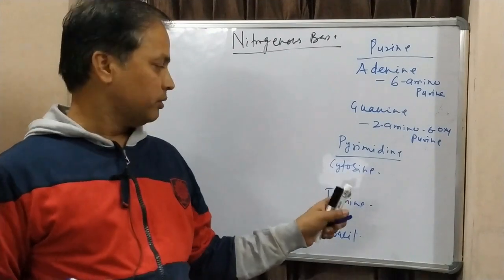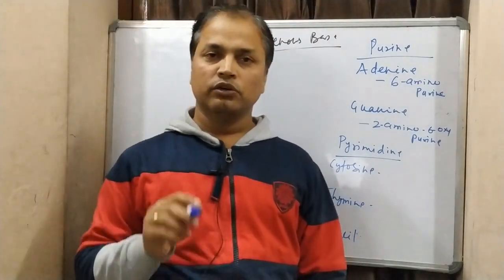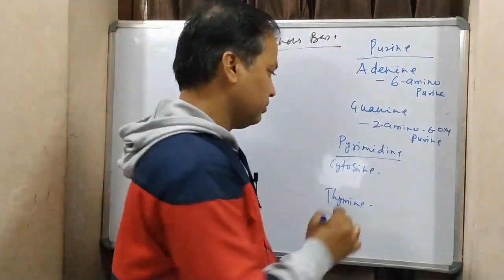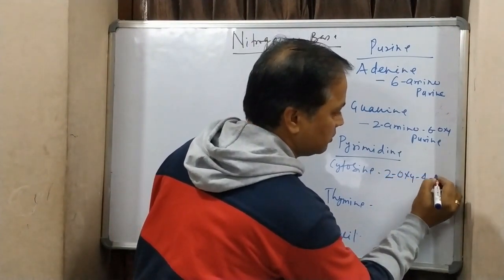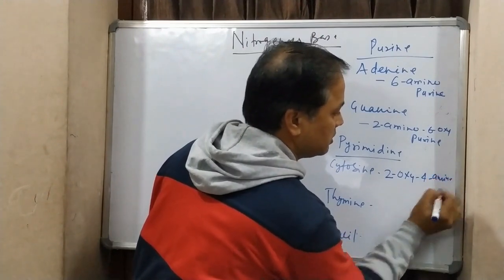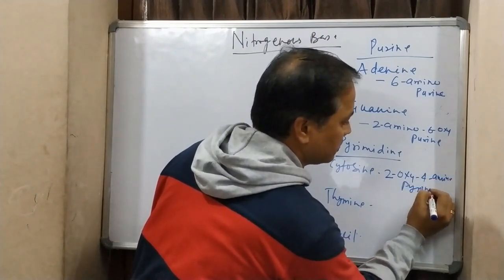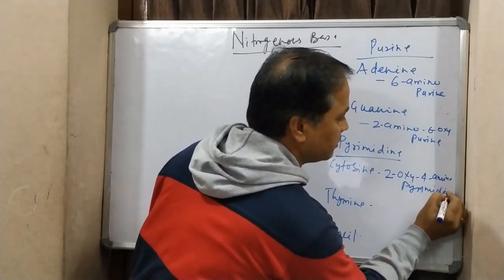Pyrimidines have a single ring. The name of cytosine is 2-oxy 4-aminopyrimidine.